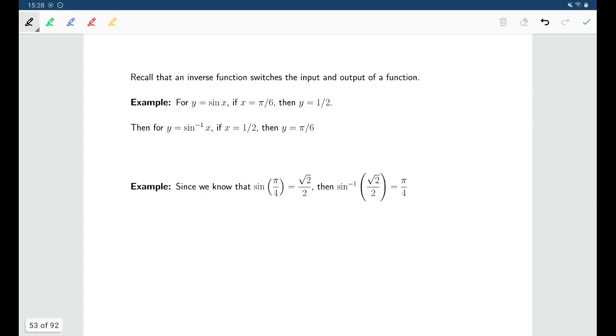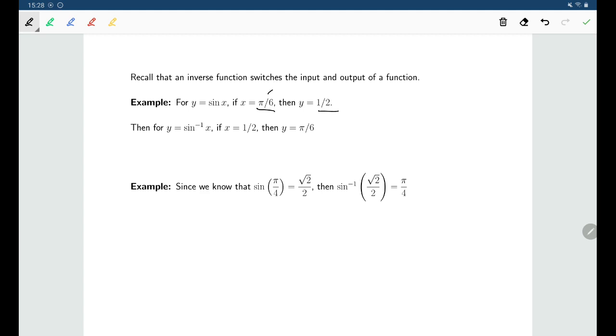So the idea again is that when we're talking about inverses, it's exchanging the inputs and the outputs. So for sine of x, if you gave it an input of pi over 6 or 30 degrees, it gives you an output of 1/2. So that means for sine inverse, it would do the reverse.